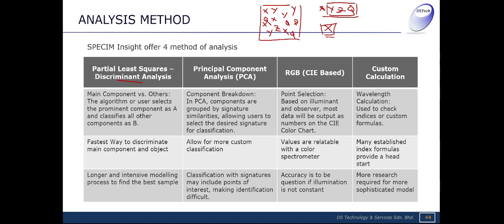It means that X will be A, and Y, Z, Q will be B. It's a good idea to do this because you generally don't waste time sorting out everything. You just want one thing, you do only one thing. So this is how the PLS method usually works.